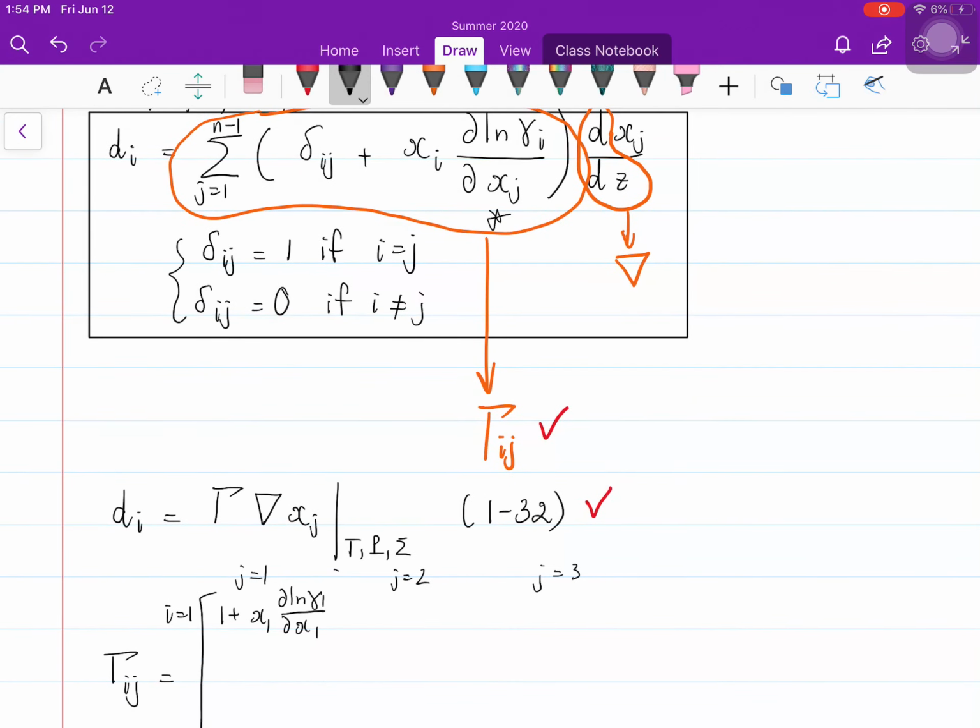And we would have this equal to x1, because it's on the first row and i equals 1, times the partial derivative of the activity coefficient of 1 over dx2. And similarly, we have the third item.